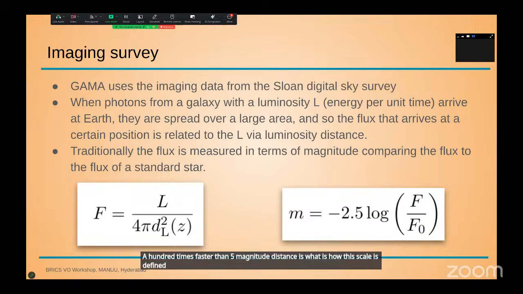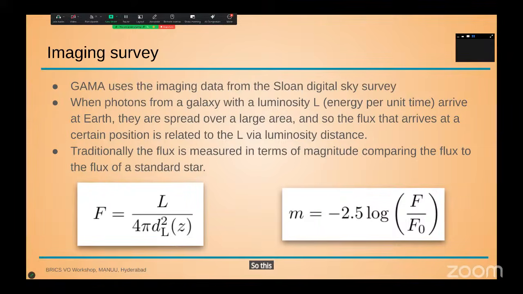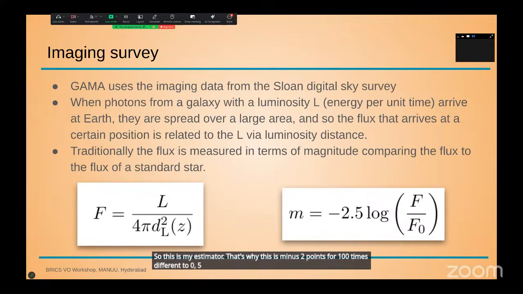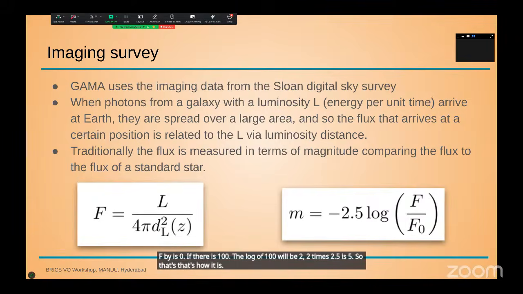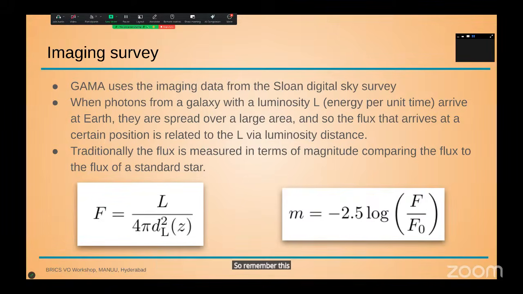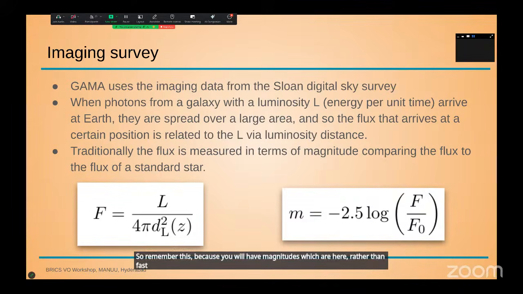That's why this is minus 2.5 log of the flux ratio. If F by F0 is 100, then log of 100 will be 2, and 2 times 2.5 is 5. So remember this because we will have magnitudes which are given rather than fluxes. Whenever you want to go from magnitude to this luminosity distance, you have to go via this equation.